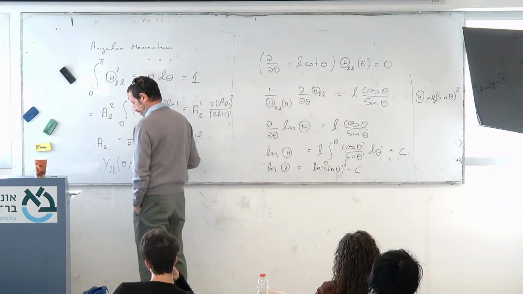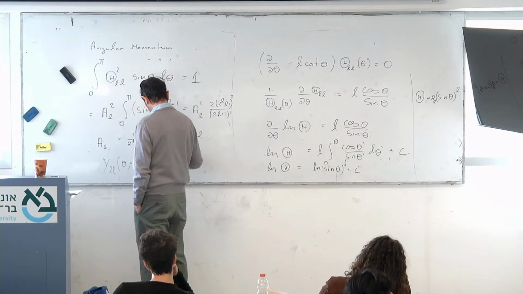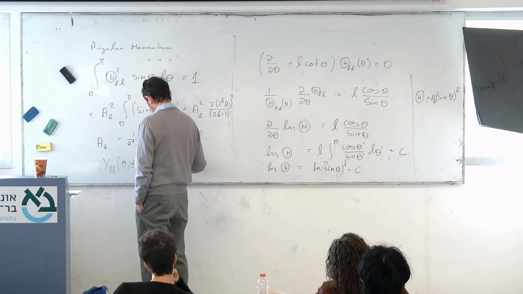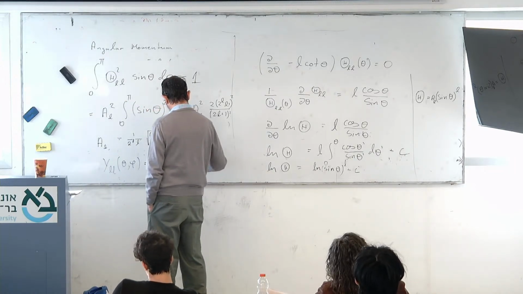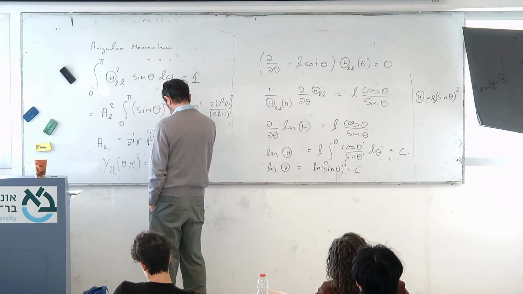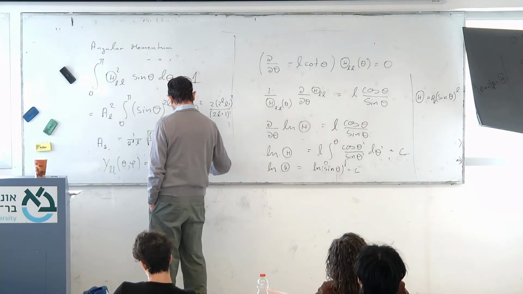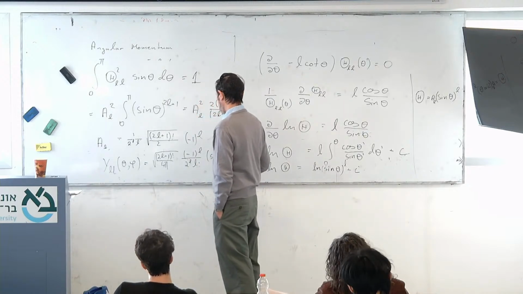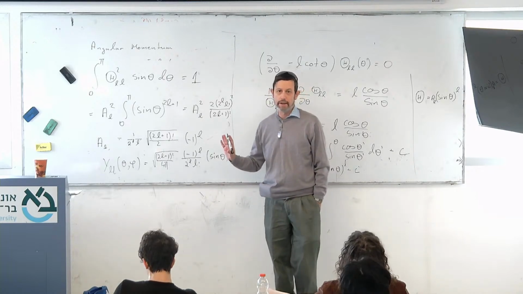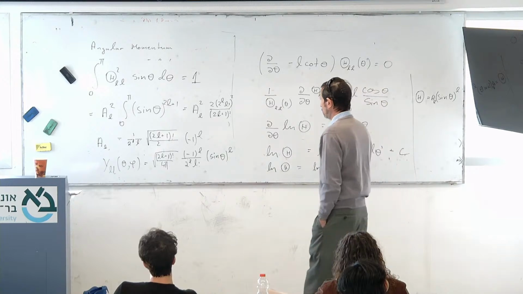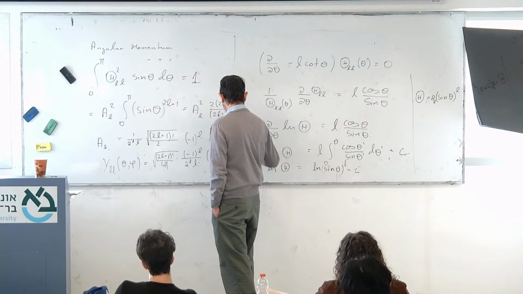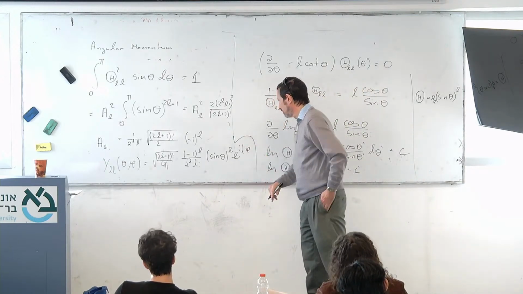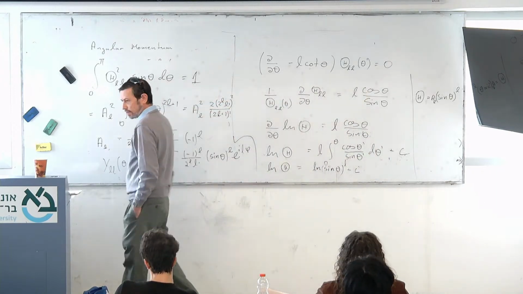So we have Y_ll. Now we have Y, not N. The 4 pi is because of the 2 pi from this function.